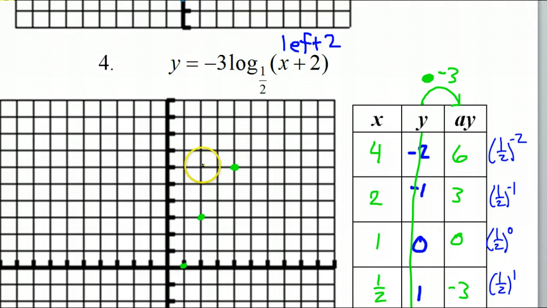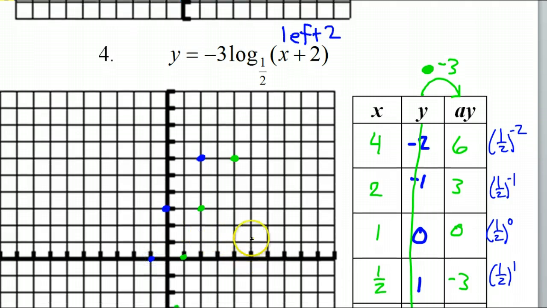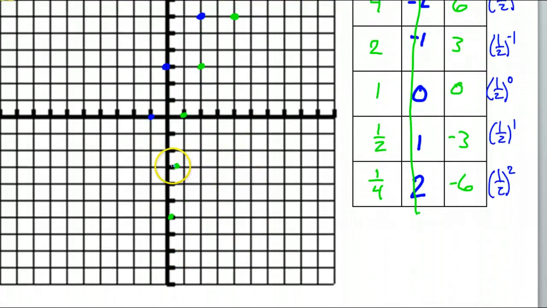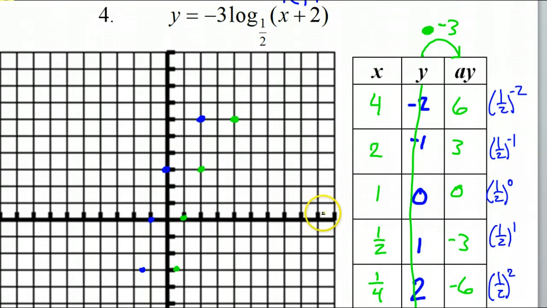So I will just move each of these to the left 2. So I'll be here and here and here, 1, 2, and here and here. Okay, so these blue values are my actual values that I'm going to really graph.